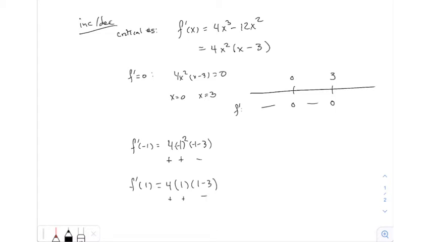All right, that one is also negative. And then the one on the far side of the 3, f prime, I will choose 4. And I get 4 times 4. These should be squared, right? Doesn't matter. And then 4 minus 3. This time they're all positive, positive, positive, so it's positive over here. All right? So that's the chart for increasings and decreasings.